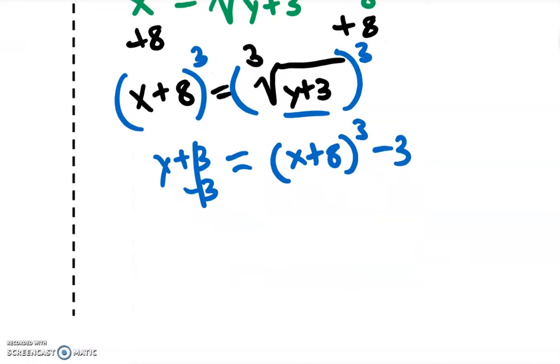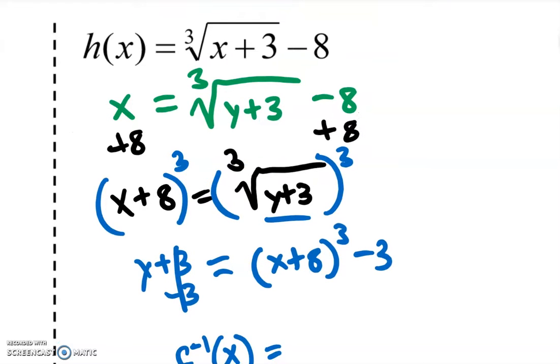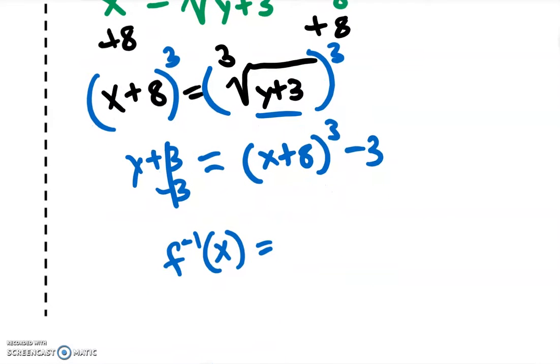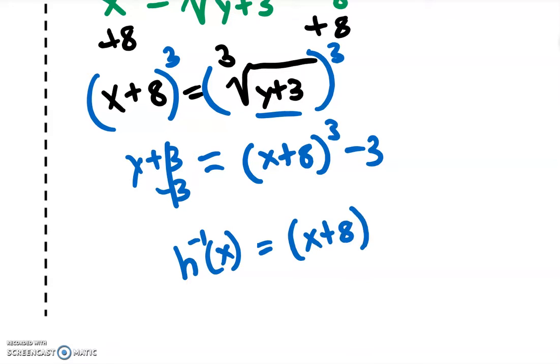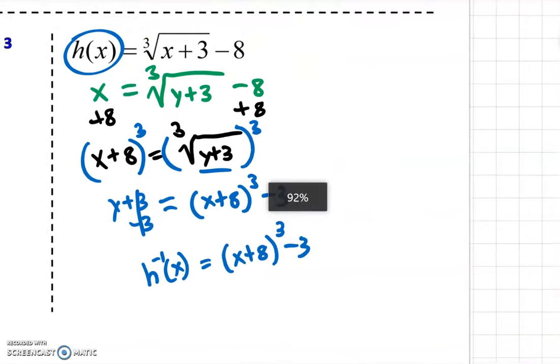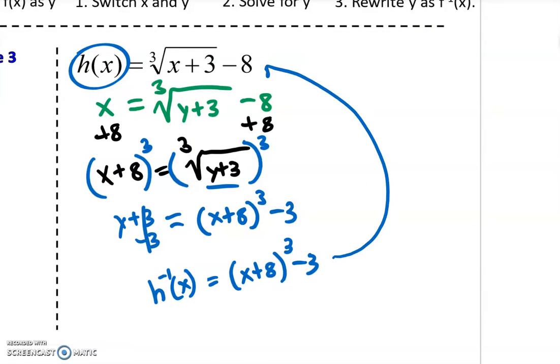So we end up with y, or now we're going to say the inverse, right, of f of x is equal to, and we shouldn't say f of x. We get used to writing f of x as a habit. It's actually h of x. So we should say the inverse of h of x. So the inverse of h of x is equal to x plus 8 cubed minus 3. And that would be considered the inverse of this original function h of x.